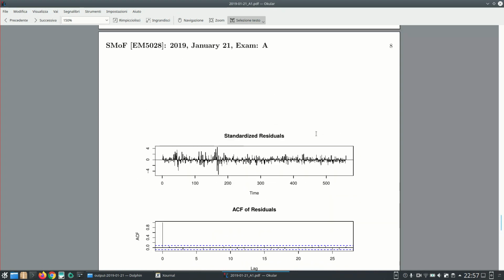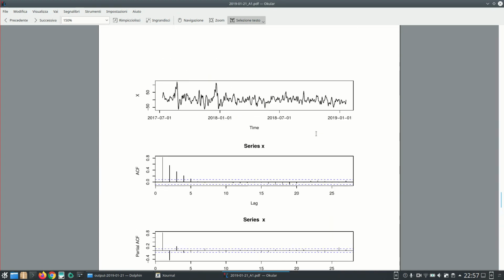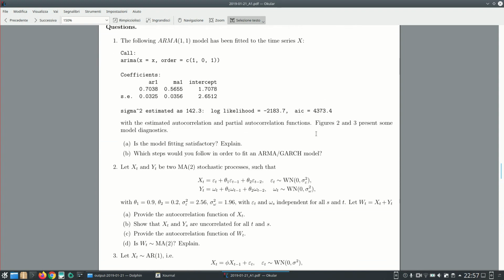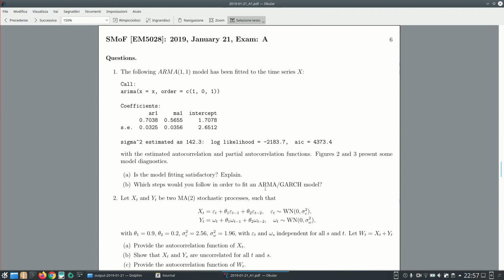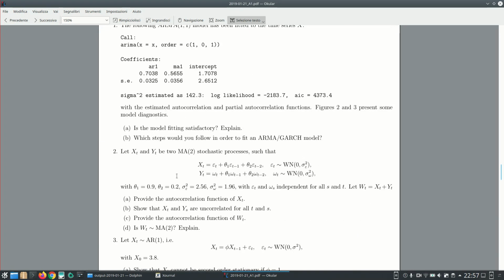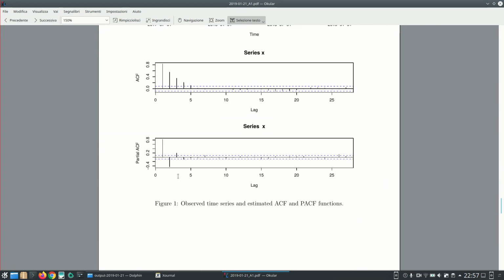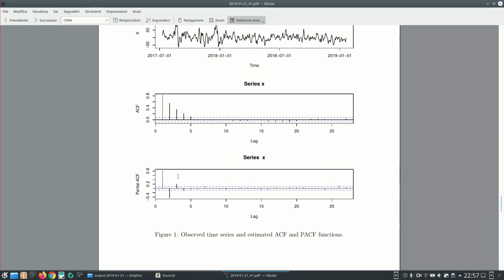The second question concerns the strategy you would follow in order to fit such a model. Well, you should explain how you might identify a model for a GARCH process.